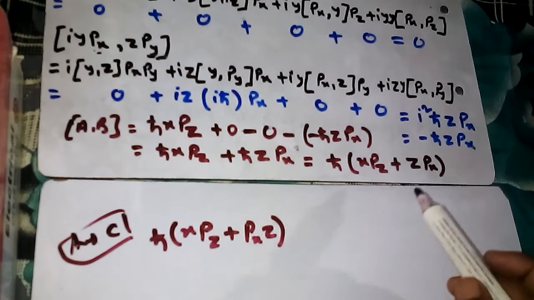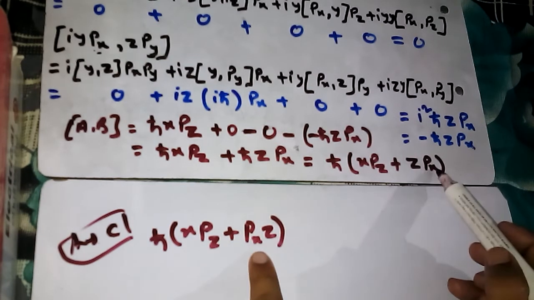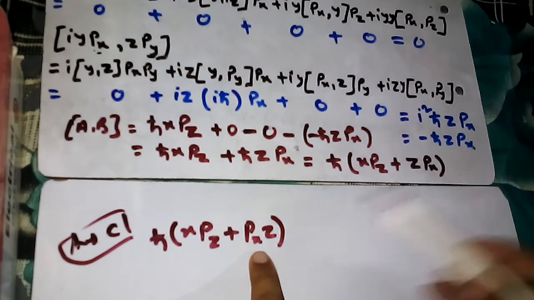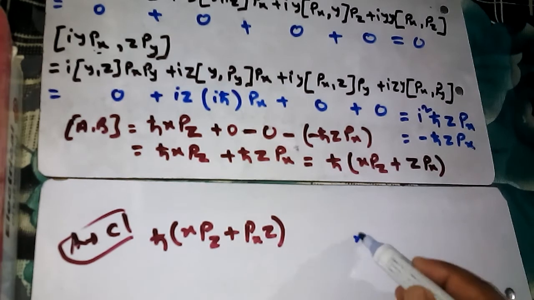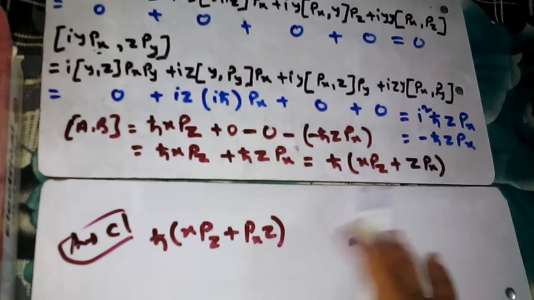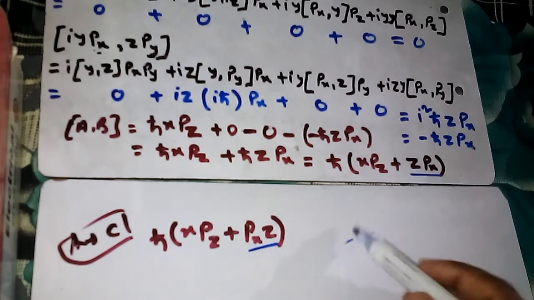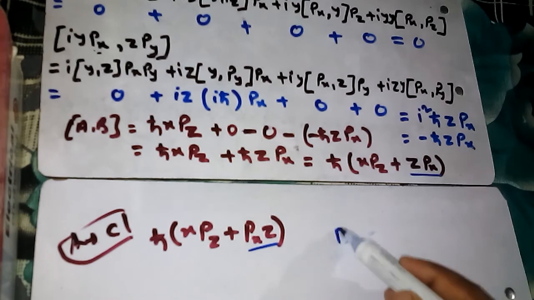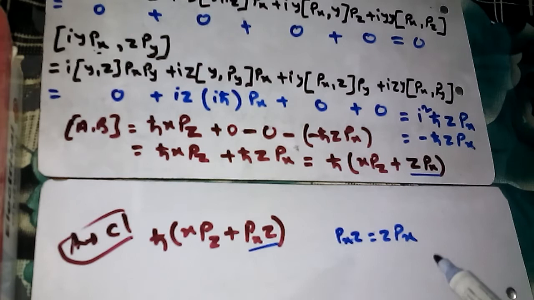But here there is one problem, that we have pxz, but here we have zpx, so they are not the same things. But actually let me tell you that pxz and zpx are same things. What is the reason?